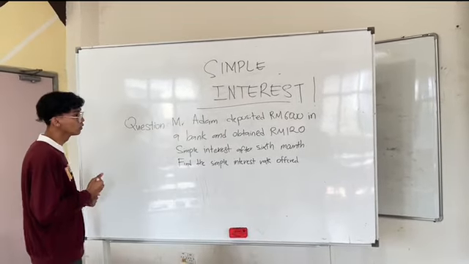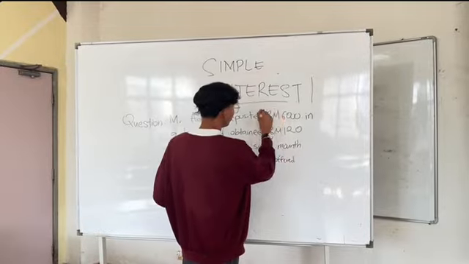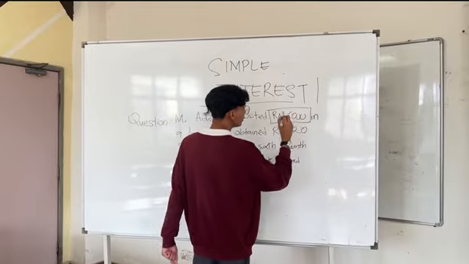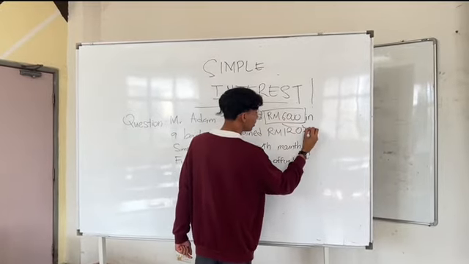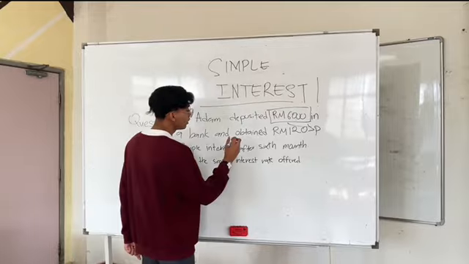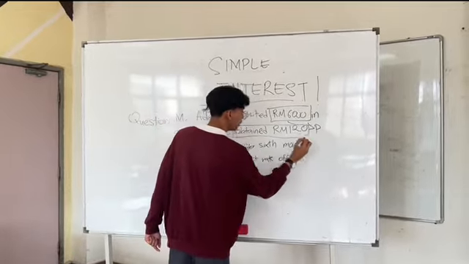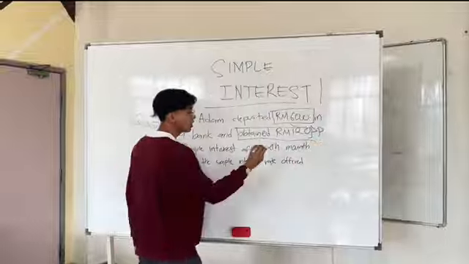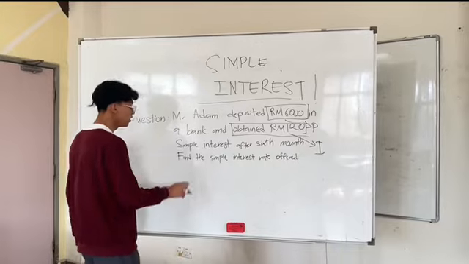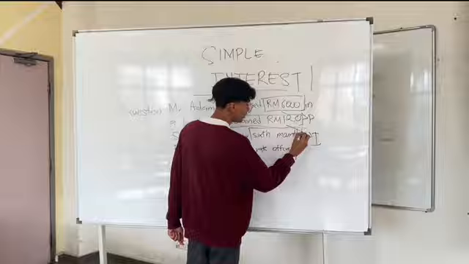It already gives P: the deposit, 6,000. So this is P. In the bank and obtain 120, obtain 120 is I, and simple interest after 6 months, 6 months is T.